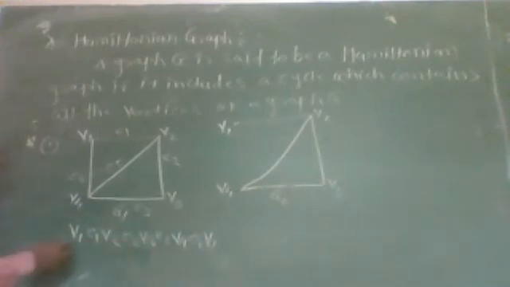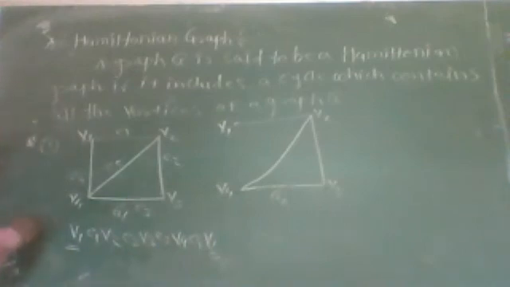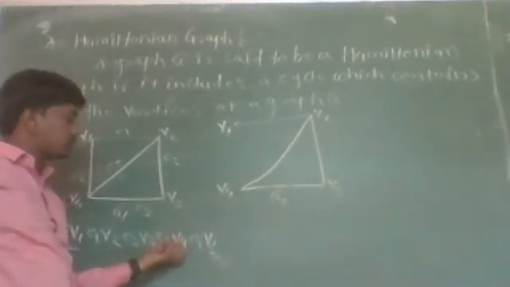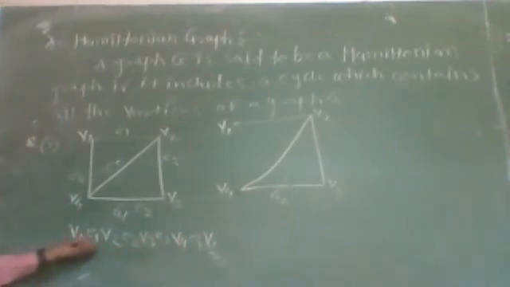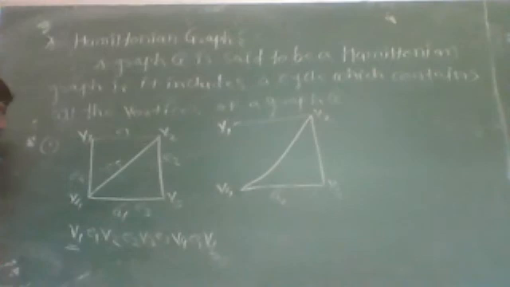Here, the origin and terminus of the walk are the same, and there is no vertex repeated. So by the definition of cycle, this one is a cycle. So this graph G1 has one cycle which includes all the vertices of the graph. So by the definition of Hamiltonian graph, this one is a Hamiltonian graph.